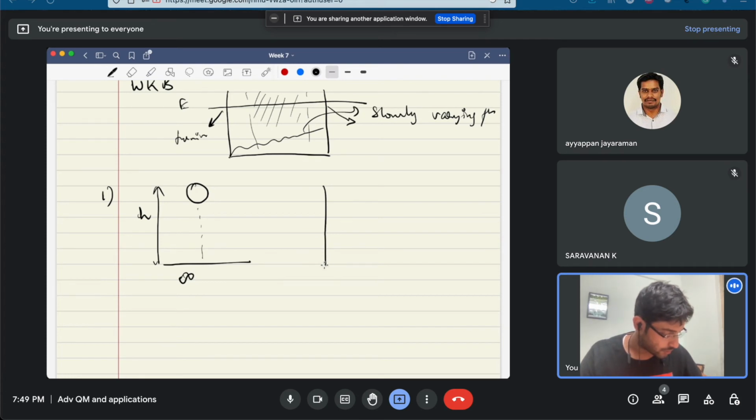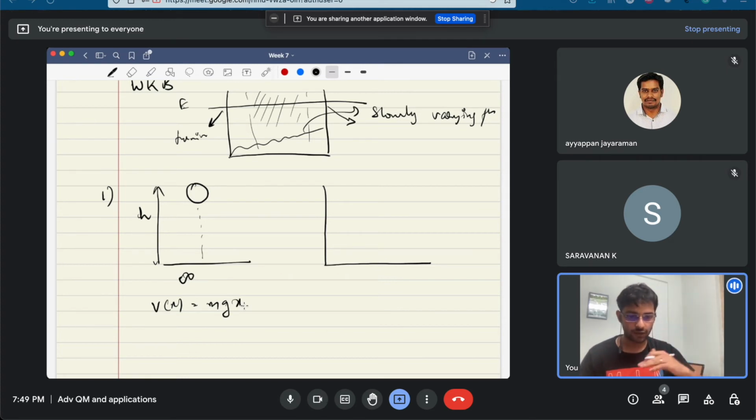Now the potential, so let's just draw the potential. You are already familiar that for gravity, under the approximation that the height is much less compared to the radius of the earth, we get a potential of the sort mgx, where x is the distance from the surface of the earth to the height where the ball is kept.